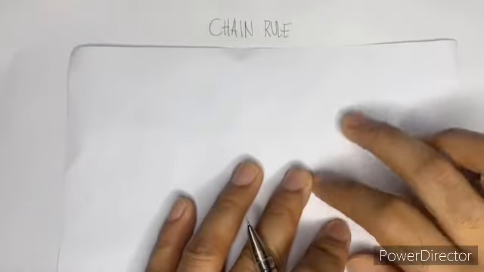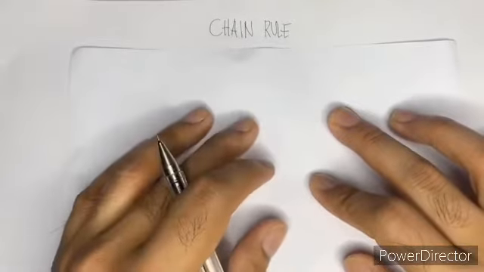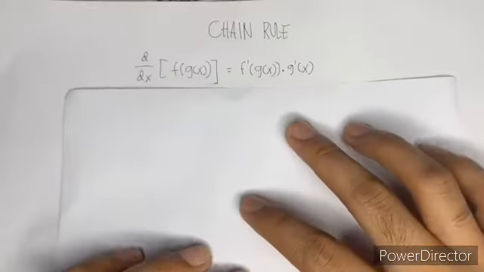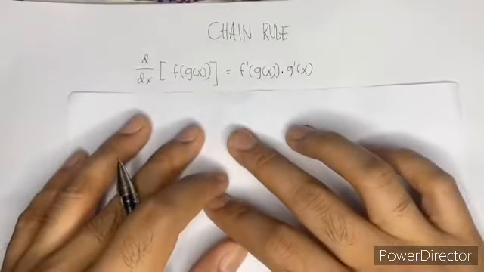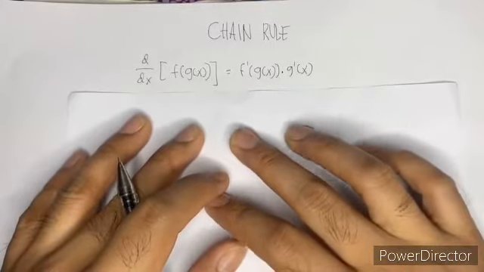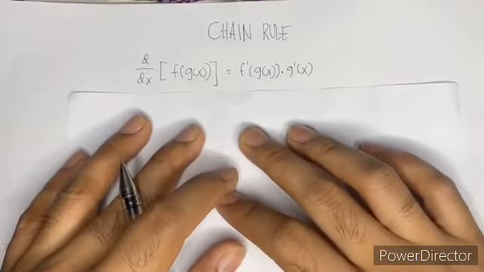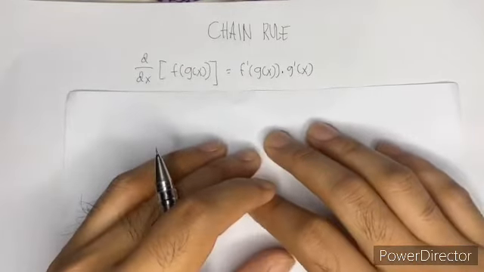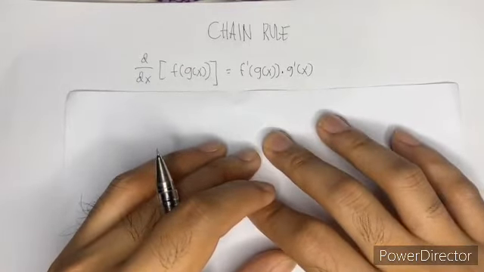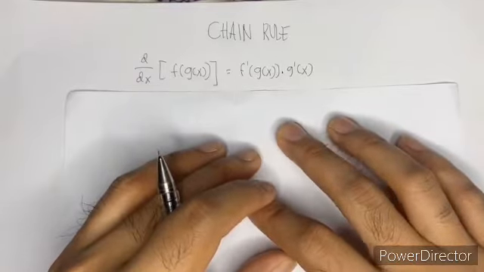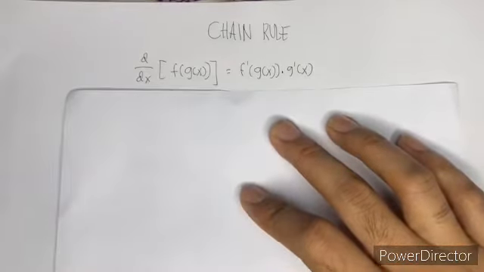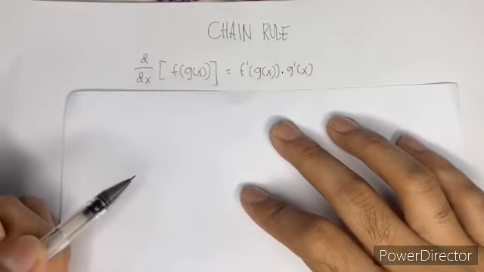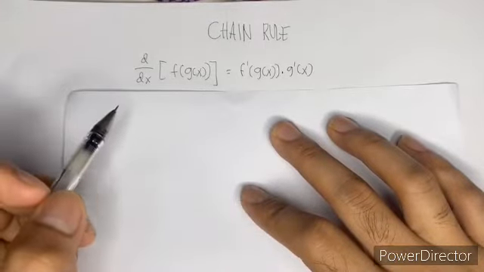And our last rule is the chain rule. The form of the derivative with respect to x of f of g of x is equal to f prime of g of x times g prime of x. So meaning, the chain rule involves composite functions.